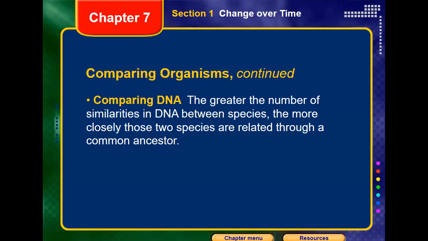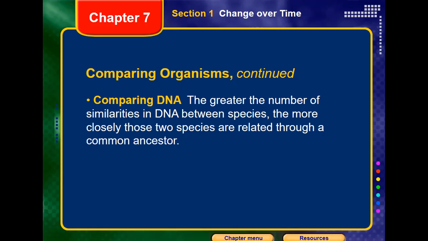Okay, so here we find another evidence that we could use to prove there is evolution: comparing the DNA. So as we take different samples of the DNA of different living organisms, both extinct ones and modern living organisms, and we compare their DNA, we find there are similarities in a lot of genes.